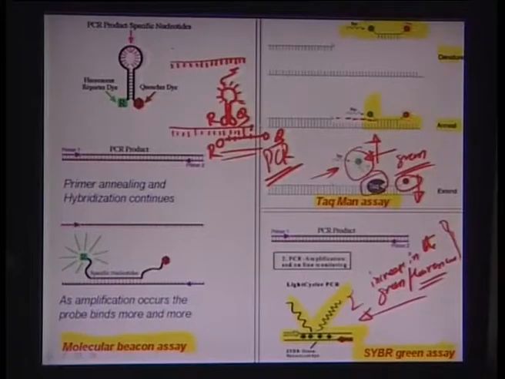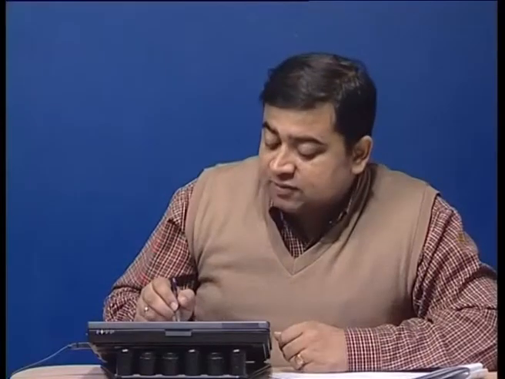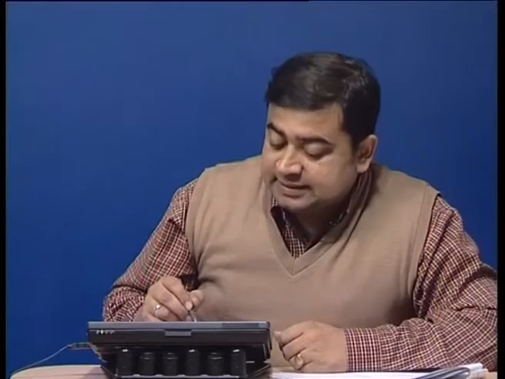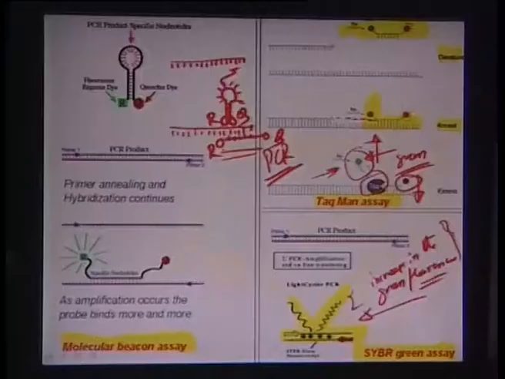And because of the separation there is a growth in the reporter signal, because the quencher is now far away from the reporter, and essentially that is what would define the success or failure of the PCR process. So if the loop part of the molecular beacon goes and bonds, it opens the loop up.